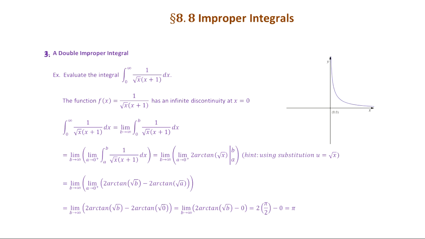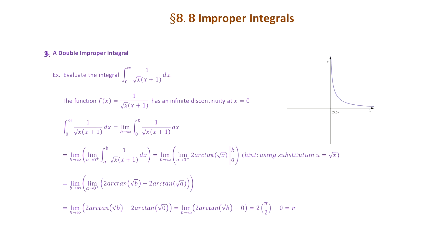Okay, right? And then you just concentrate on the integral of the function 1 over square root of x times x plus 1 from 0 to b, and that itself is a second type improper integral.